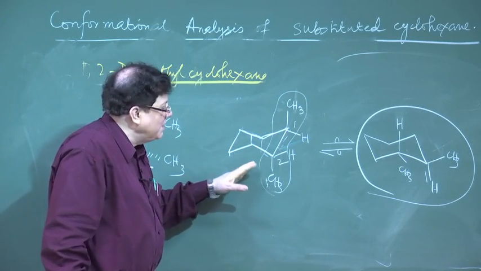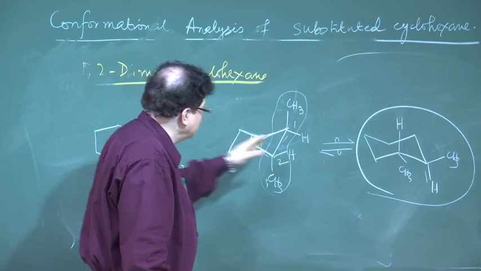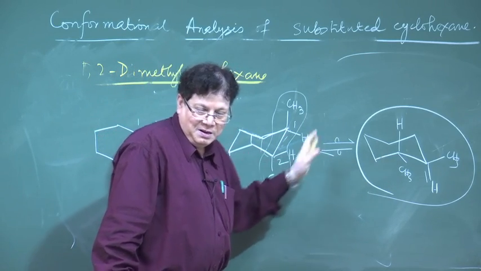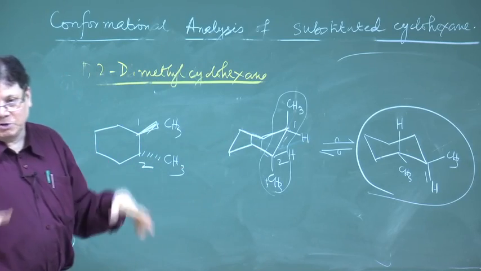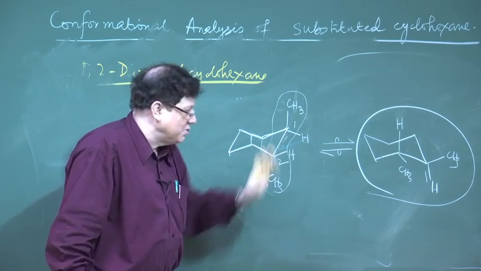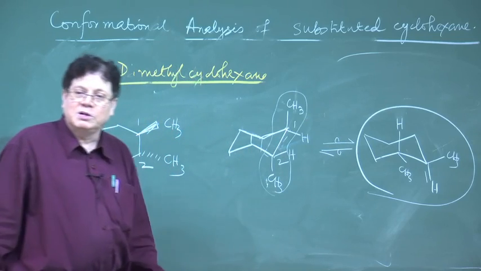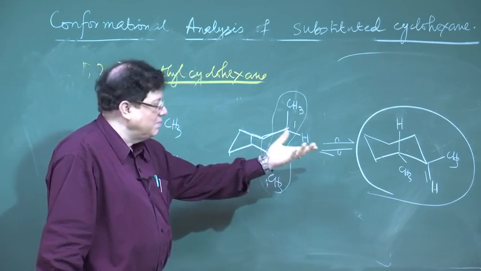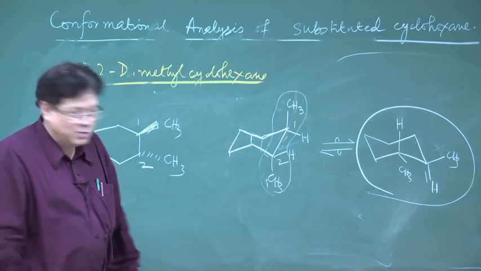So, now what is the energy difference between this and that? In the cis form there was no energy difference because one was axial, another was equatorial. Here this is diaxial, this is di-equatorial. So, what is the energy difference between the two? That will rely on the status of the butane units.